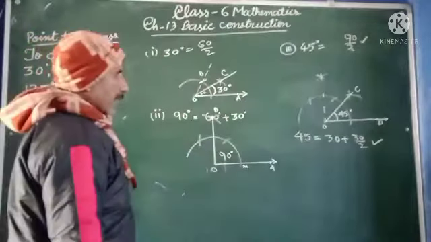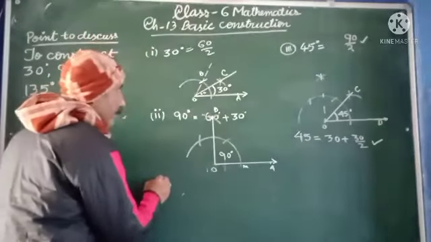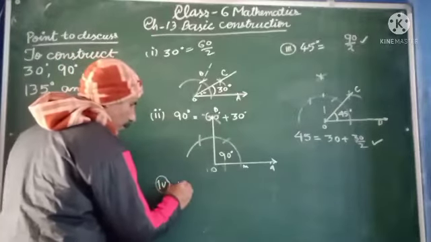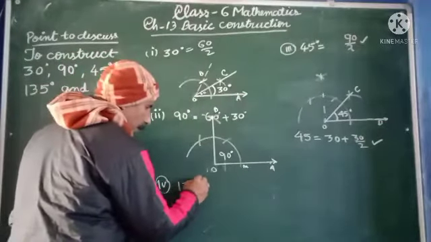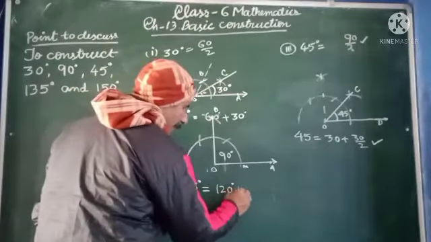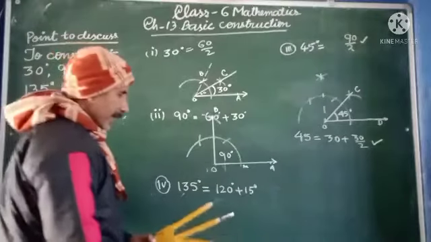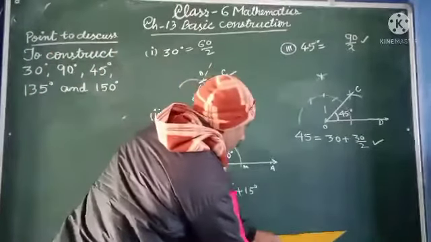Now 135 degree. So in 135 you can see this is 120 degree plus 15 degree. So 120 is easy, you can easily draw it.